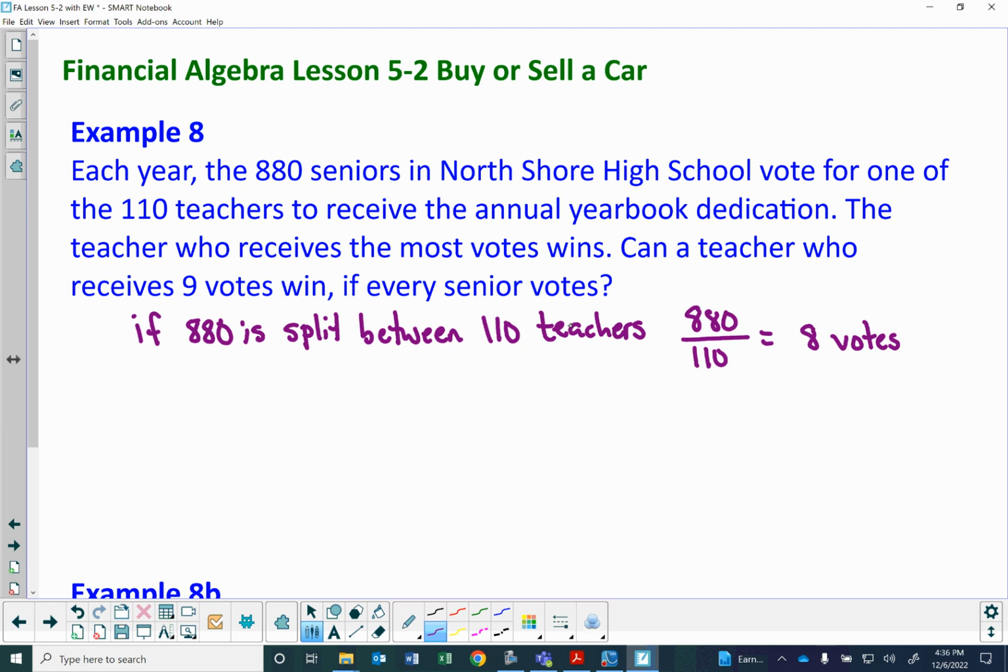So if they're split evenly across the board, everybody loves every teacher in this school evenly, so for some reason everybody votes and each teacher gets 8 votes, then nobody wins it. So if one vote changes, yes, one teacher could win if they received 9 votes. It would be very difficult, and the likelihood that each teacher would get the same amount of votes is very low.